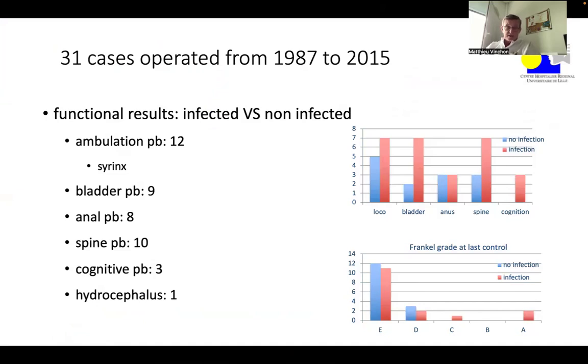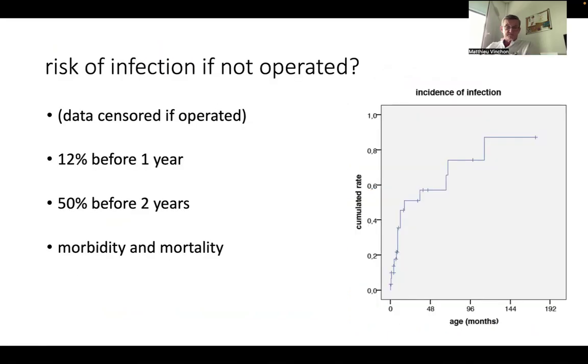So as I said, I collected 31 cases operated over 18 years, and the functional results were compared in infected versus non-infected patients, and obviously the infection was the cause of a high rate of morbidity in these patients, and even mortality, as I showed.